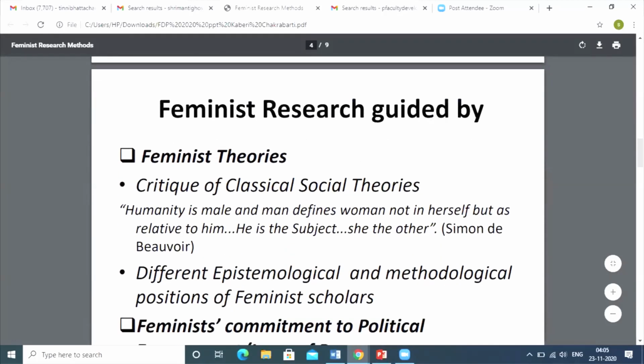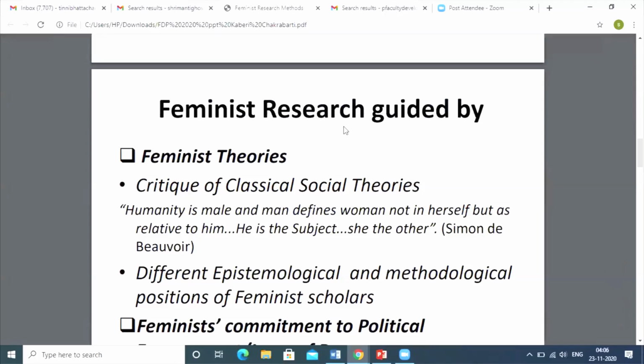When we talk about feminist research, we would like to begin with how it is guided. As we know, research is guided by methodological positions, by epistemological positions, and then comes the question of method. Choosing or selecting a method is actually mediated by the methodological and epistemological positions.